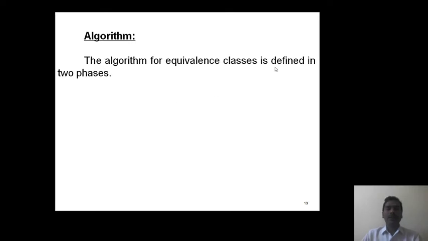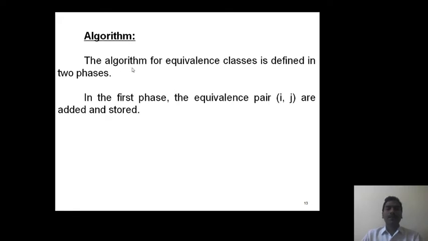To design this algorithm, it consists of two phases. In the first phase, we identify the equivalence pairs, and each pair is added and stored in the result.